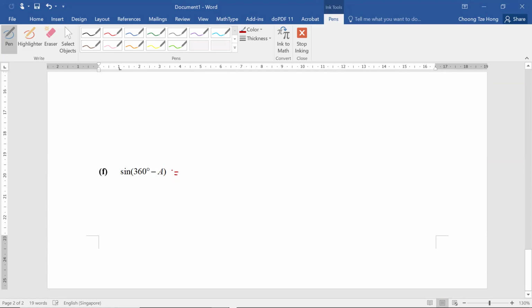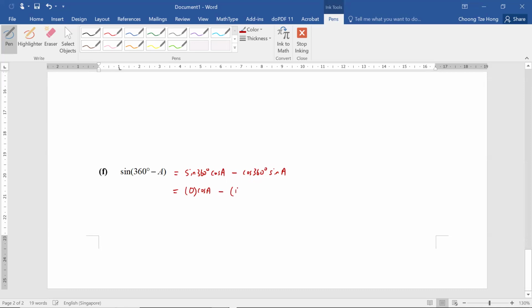For sine, you can use the addition formula to open up. If you open up using the addition formula, you get sine A cosine 360 minus cosine A sine 360. Sine 360 is 0, so this will be 0 times cosine A, so the whole thing eventually becomes 0.